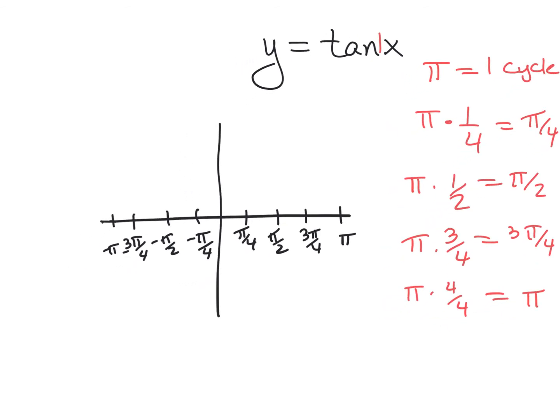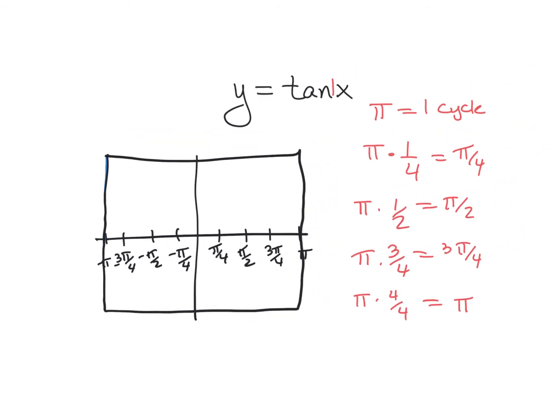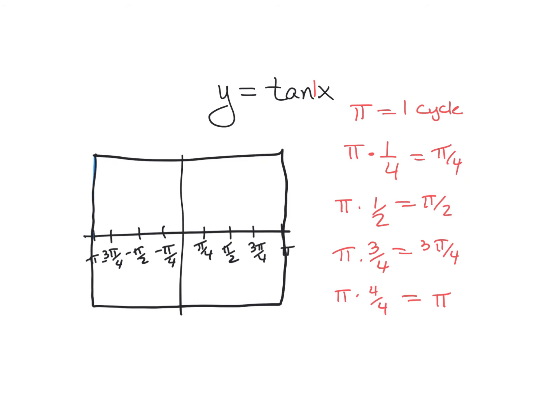Now, what I like to do is box in my graph. So I'm going to make a box around this. Let's do it in black. Now, in this calculation, when you multiply the cycle by 1/2, this is always going to be an asymptote.